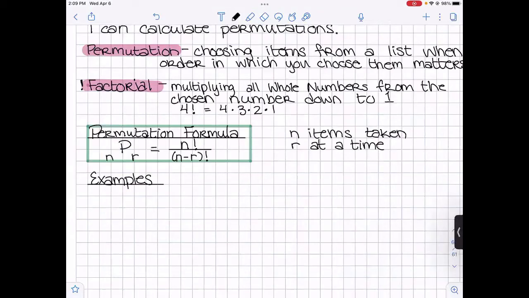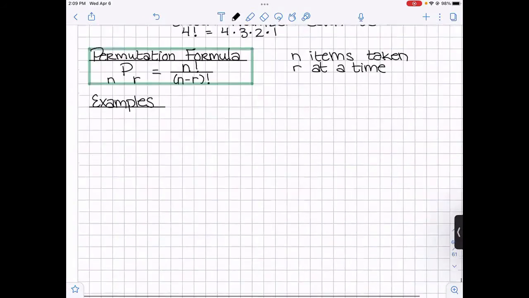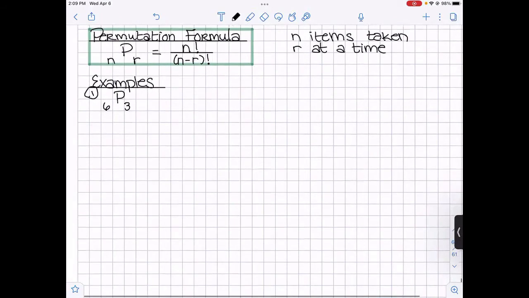We are going to try basic problems without any story problems to start with. So 6 permutations of 3. Write this in your notebook. Okay, use the formula.